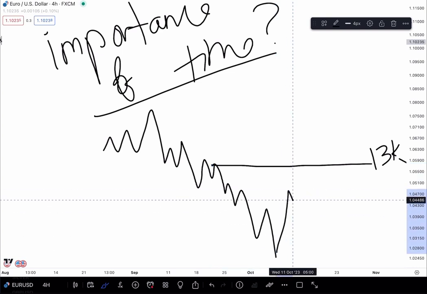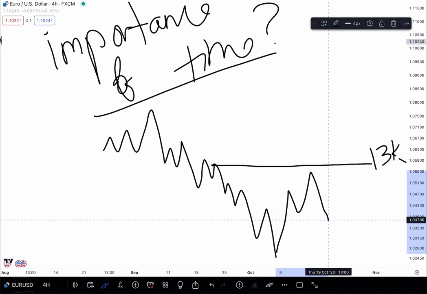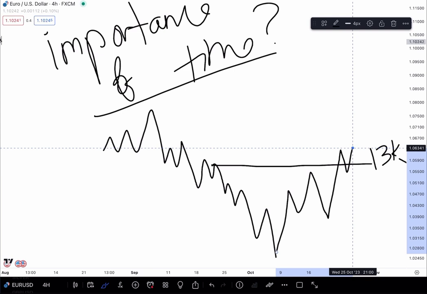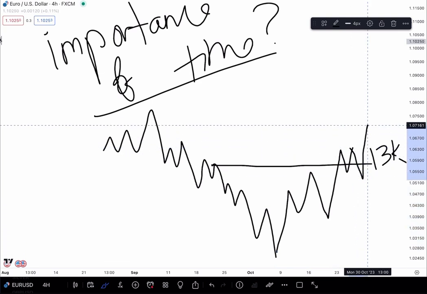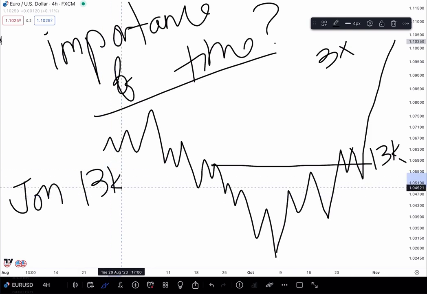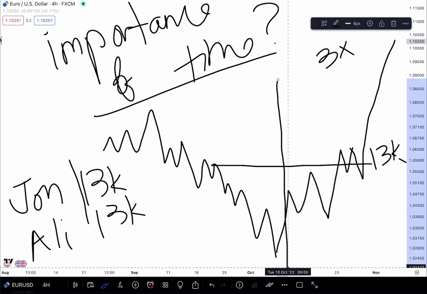Ali bought Bitcoin at the price of 13,000. And Ali made an instant gain of 3x. They both bought at the same price. The only difference was the time of the purchase, right?